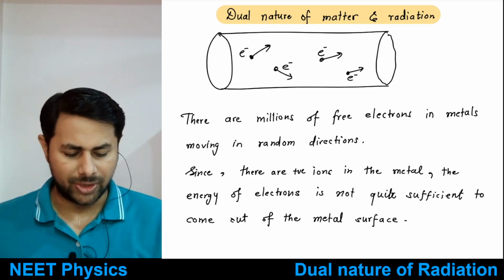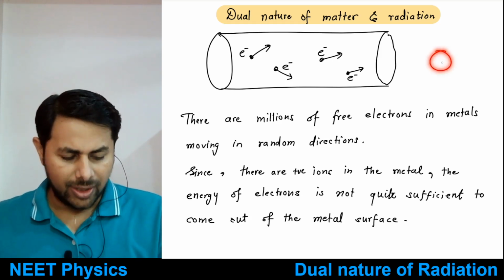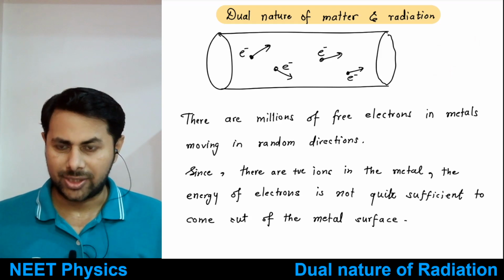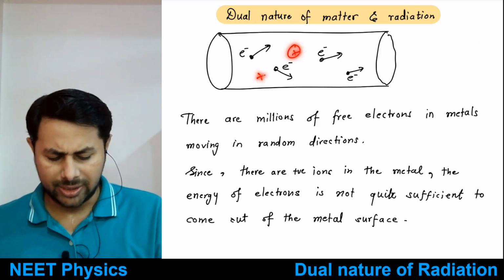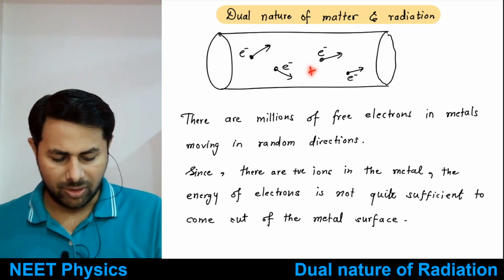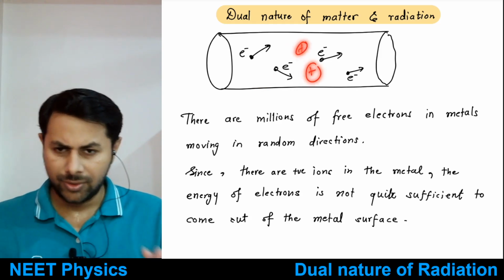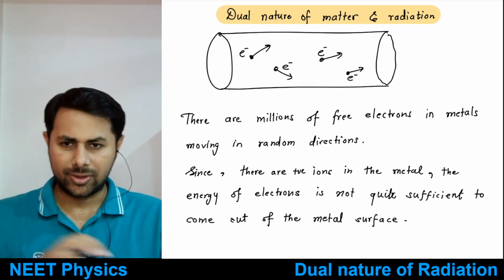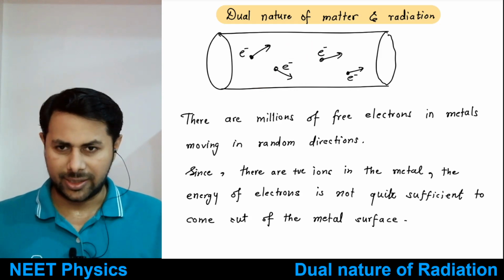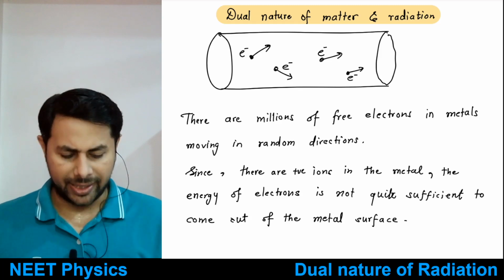Because if an atom loses an electron, the atom will have a positive charge. There are numerous atoms, millions of atoms, which have a positive charge. Electrons are surrounded by these positively charged atoms, which you can call ions.